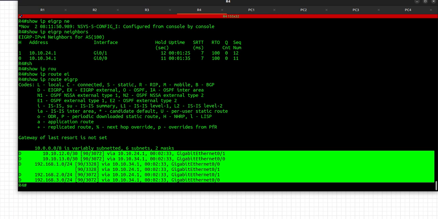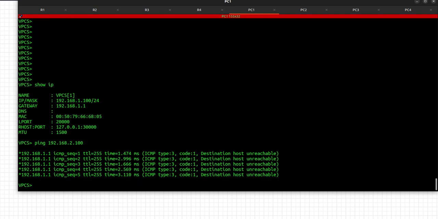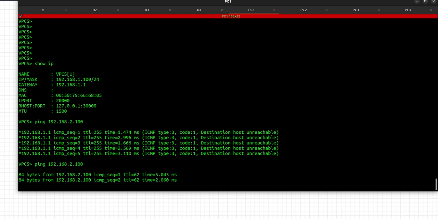To double check, let's ping from PC1 and try to reach the other subnets. At the beginning, before we configured EIGRP, it said destination host unreachable. Now let's try again. Okay, now it's working.